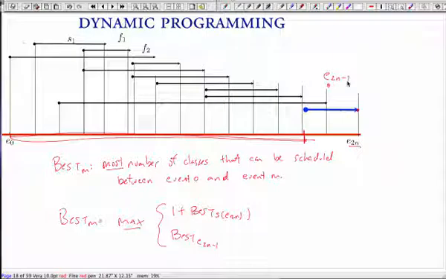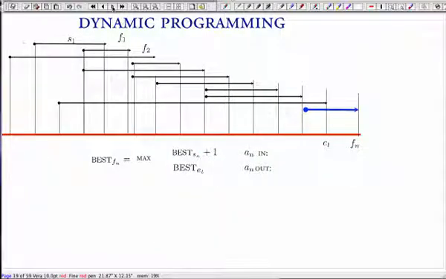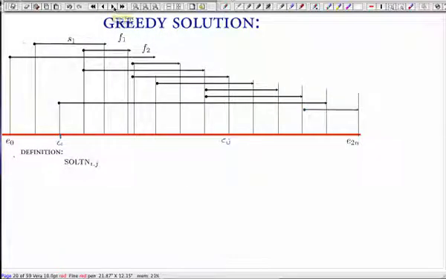You could solve it this way. But there's a more intuitive way. So here's another way of thinking about it. Solution ij is going to be the maximal set of activities for period ij.